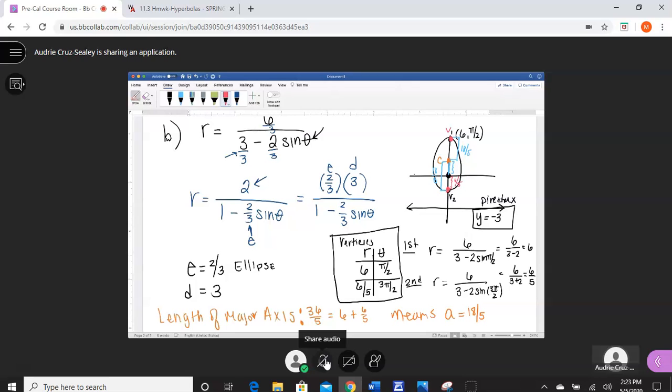So for the blue, if the whole thing is 18 over 5 and you take the 6/5 away, you're left with that point right there, which is 12/5. So your center would be 12/5, comma, and then pi over 2 since it's above the pole. And that's your center.